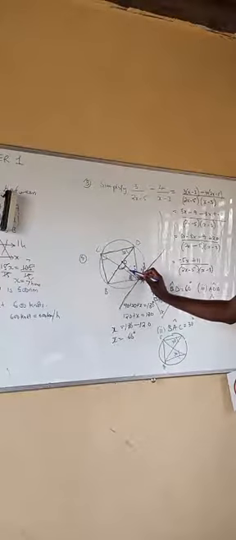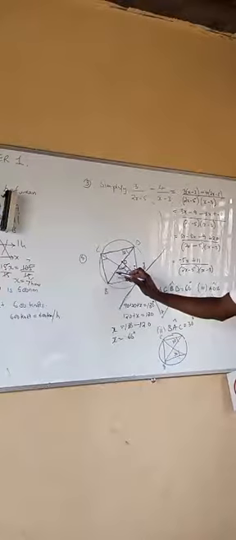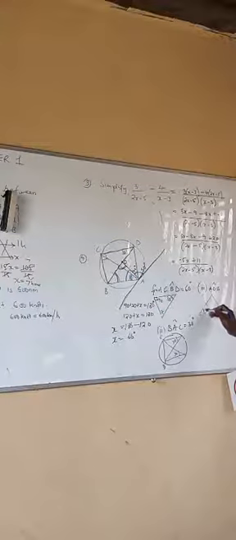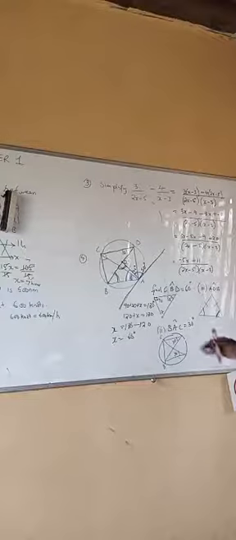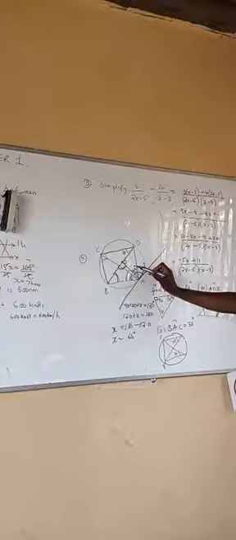So if this is 40, I have to subtract from 90 to find the angle from here up to here. This angle must be equal to this angle. And the angle from here up to there is 90. Why is it 90?